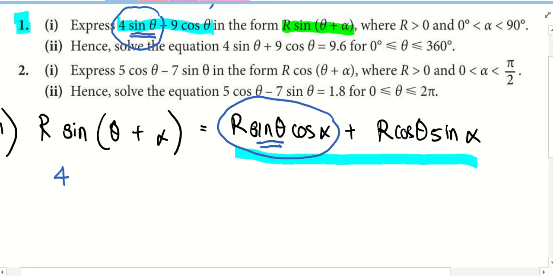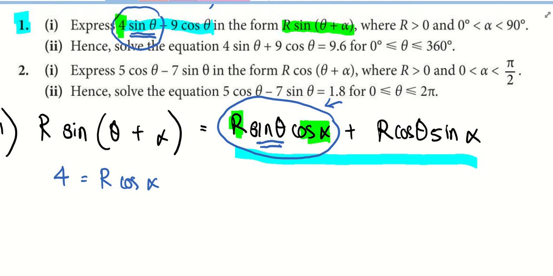Only R. I underline. Yes, R cosine alpha. Can you see? You cannot see. Let me highlight again. There's a number 4. There's an R cosine alpha. That is the coefficient. Agree?